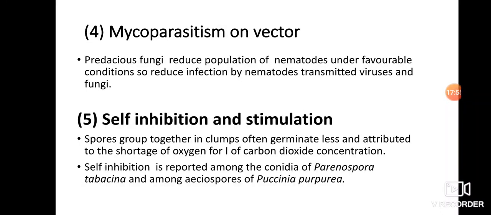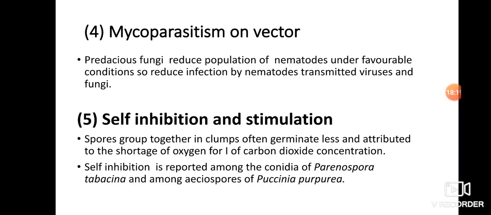And fifth biotic factor is self-inhibition and stimulation. Spores grouped together in clumps often germinate less than isolated ones, and this has been attributed to the shortage of oxygen or high carbon dioxide concentration.